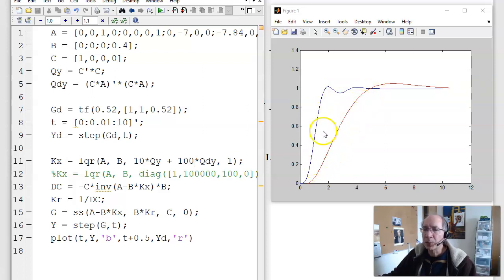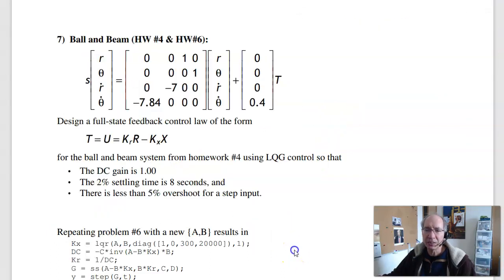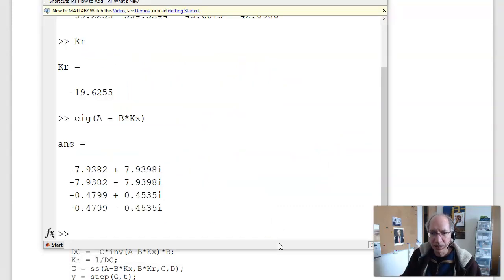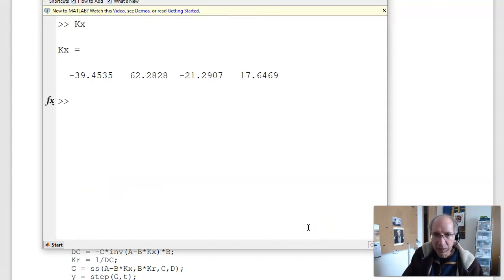Probably a better way to do this is design a faster system, and then rather than having a step input, I would have the input be like a ramp to slow it down. If I did that, it gives you smaller gains, or smaller Kx. There, the Kx is much more reasonable.